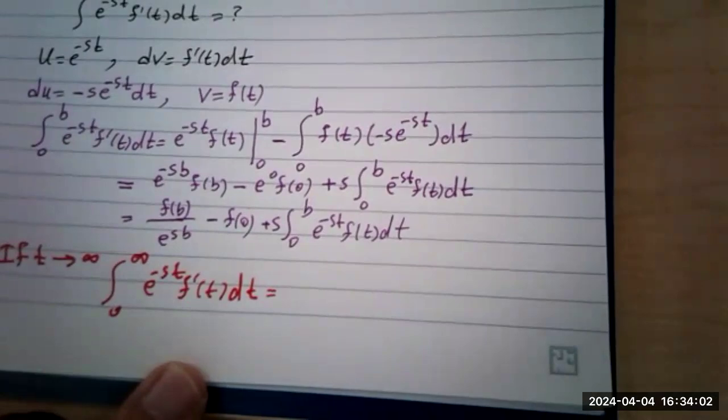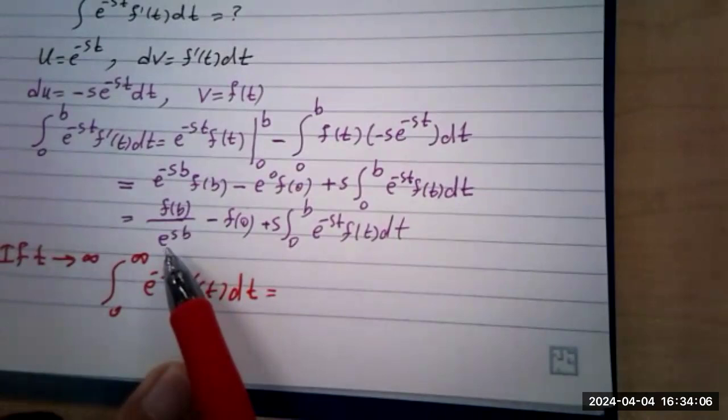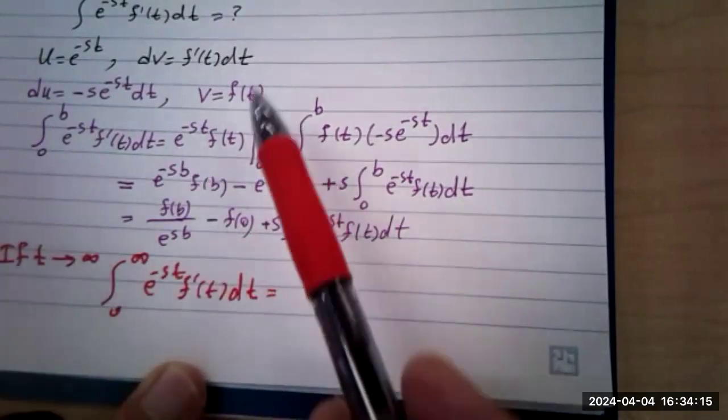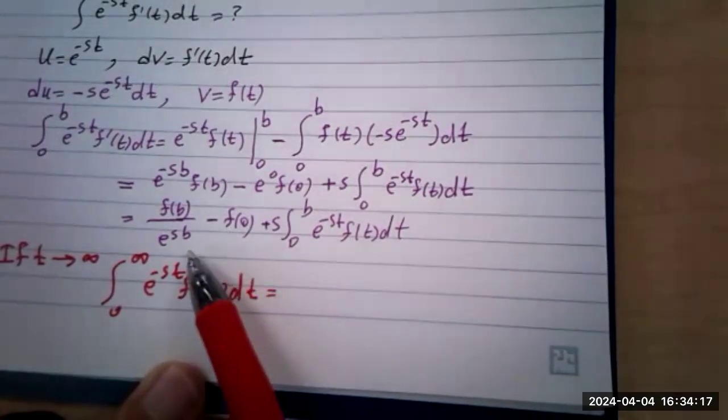And what happens to the boundary term? Given the condition that we had before, s is positive, because the domain of the function is 0 to infinity. So the denominator is a number that goes to infinity.